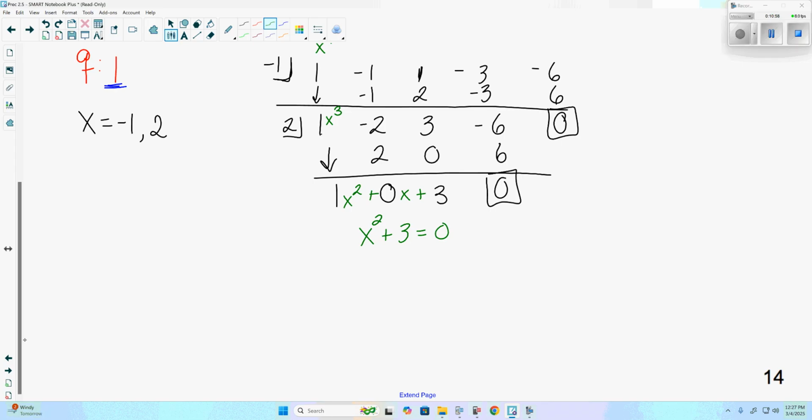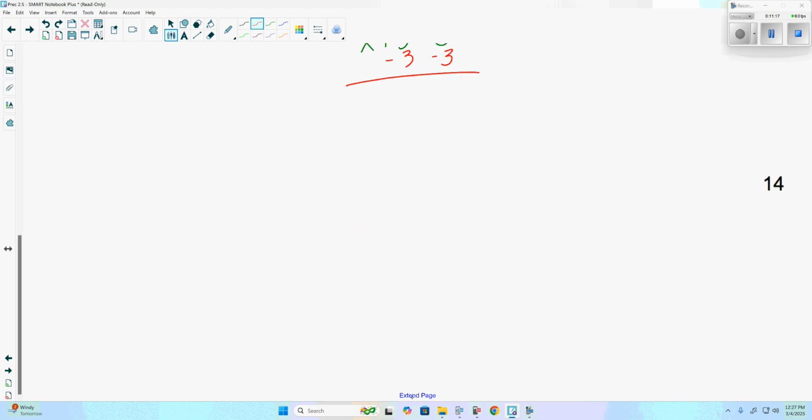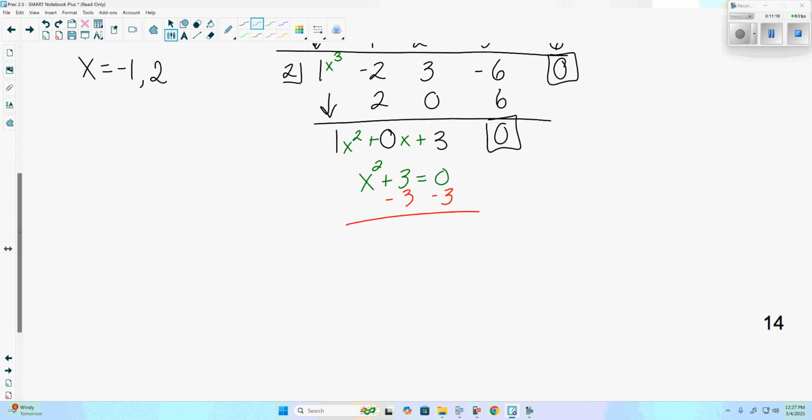However, we can solve this quadratic equation. Now, different ways we can solve it. We can do completing the square, quadratic formula, factoring, or the square root method. The square root method will work well here because we can subtract 3 from both sides, telling us x squared is equal to -3.